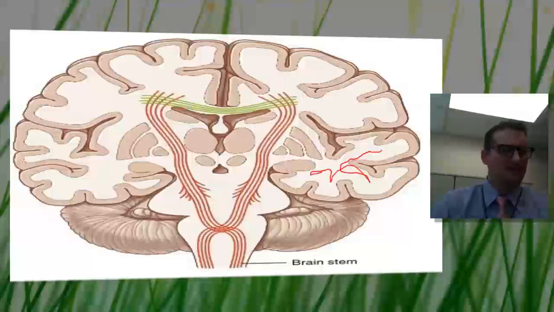These tracts carry impulses from one part of the cerebrum to the other, or from the cerebrum to other parts of the brain or spinal cord. Most tracts passing from one hemisphere to the other travel through the corpus callosum, shown in green here. This allows the brain's 2 hemispheres to communicate with each other.